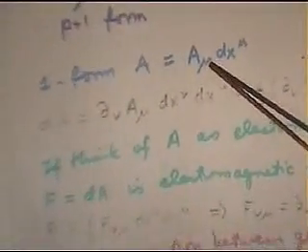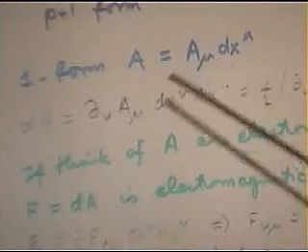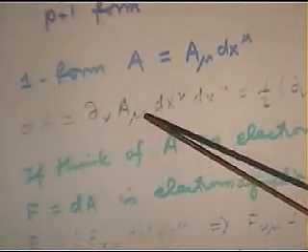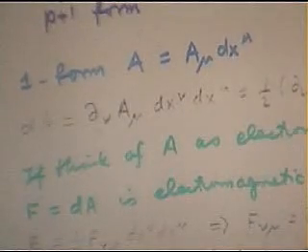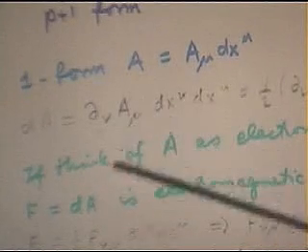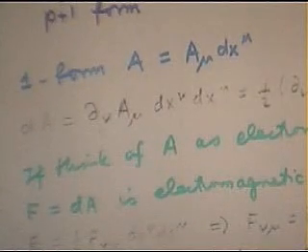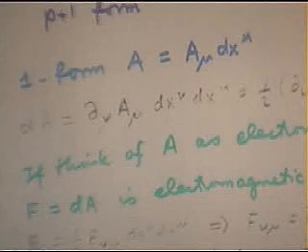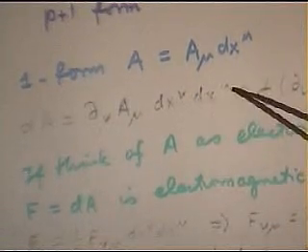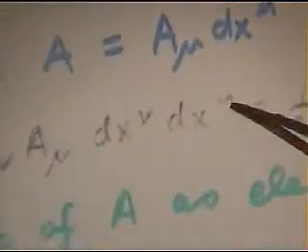Now, if we define this object d in this way, then we see that if we have a one form, capital A, then you see what dA is. dA is d nu a mu, dx nu dx mu. But since dx nu dx mu, we just discovered, should be treated as an anti-commuting object, this is anti-symmetric under interchange of nu and mu.